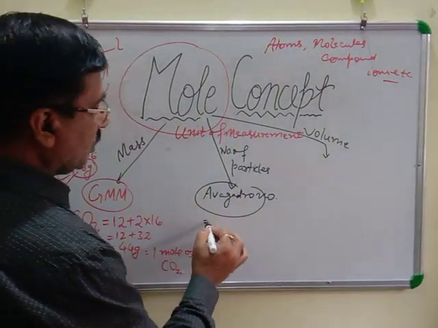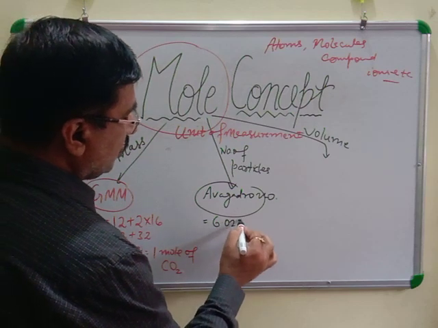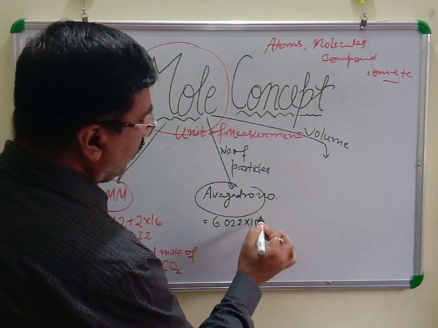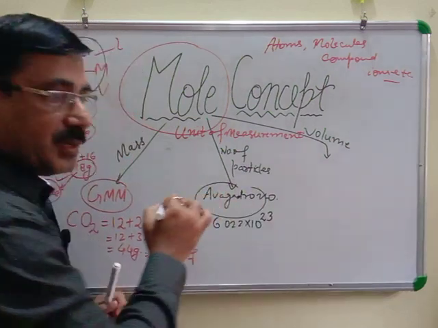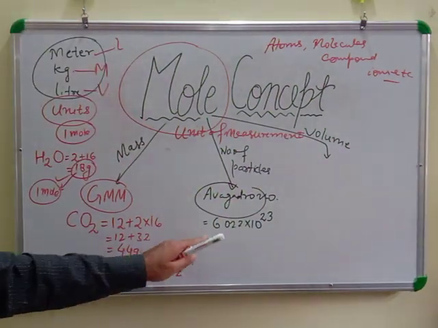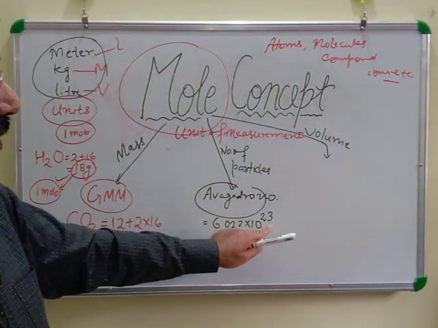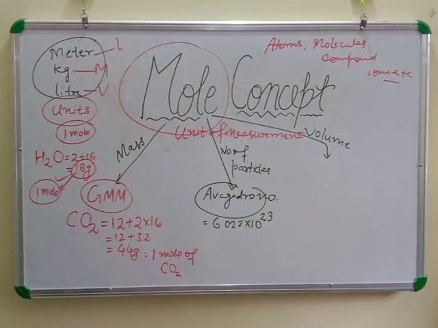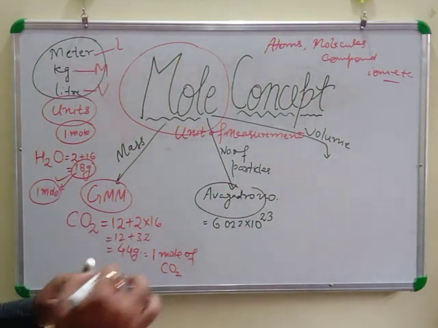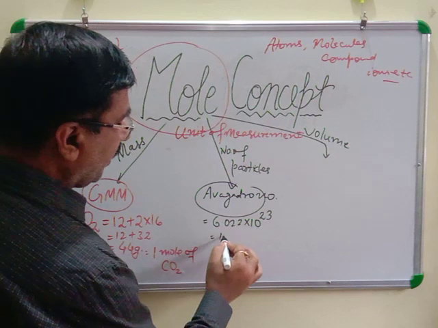This is equal to 6.022 into 10 to the power 23. So 6.022 into 10 to the power 23 will be the number of particles in 1 mole of any compound.